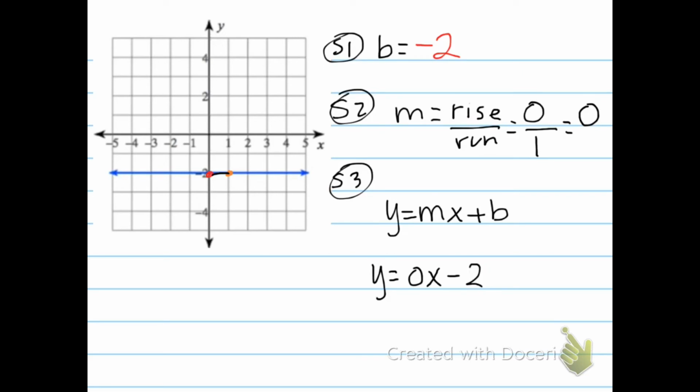And then the other thing that we can do, since we have this 0 times x, we don't really need to put that there. So we can go ahead and just take that out and just put it as y equals negative 2. So that means that there's only a line crossing the negative 2 for the y-axis.